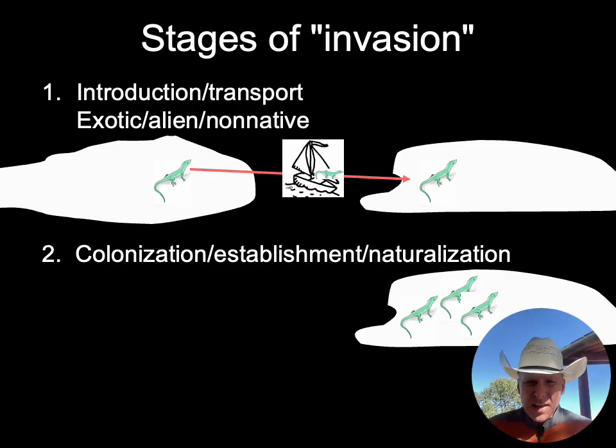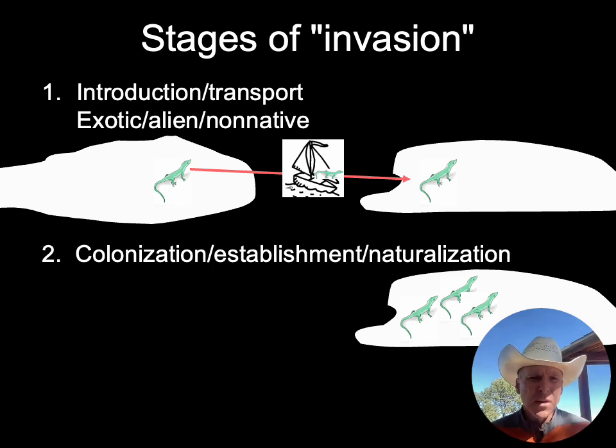The next step is actually establishing a breeding population. So it's one thing to have a bunch of individuals in an area that are just there because they've escaped or whatever. But it's not really considered an issue until you have these things actually establishing a population.